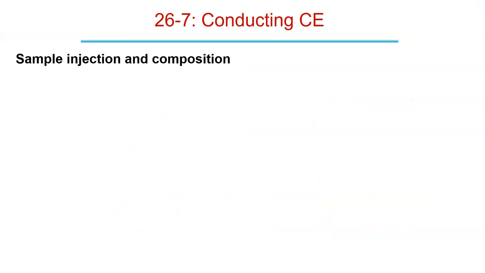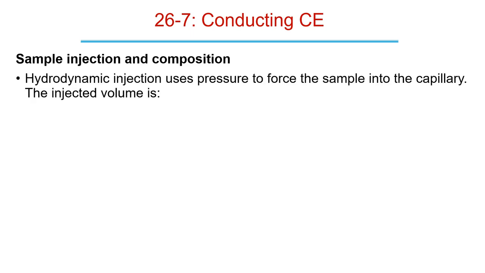Now, we've got to think about a couple options because with CE, we do have some different sample injection options. We can do good old-fashioned pressure injection, and this is pretty popular. We can calculate exactly the amount of volume injected using this equation here. Don't worry about memorizing it, just showing it to you, that we can actually calculate the exact volume down to microliters and sub-microliters.